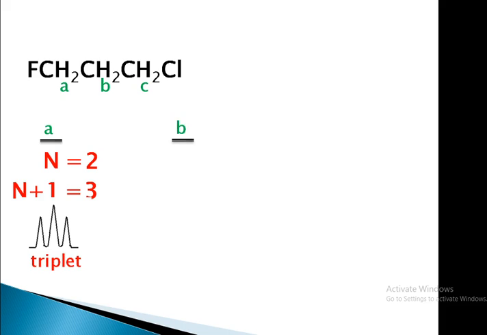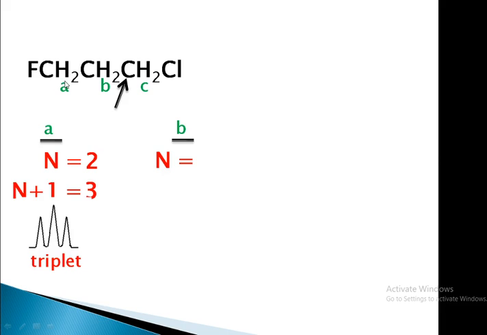Now let us take the B type proton. What is the value of n? This is B type proton that is bonded to this carbon, that is again bonded to this right side carbon. Both of them are having 2 hydrogens each. But remember, here these two neighbors are different. For B type hydrogen, the two neighbors are different.